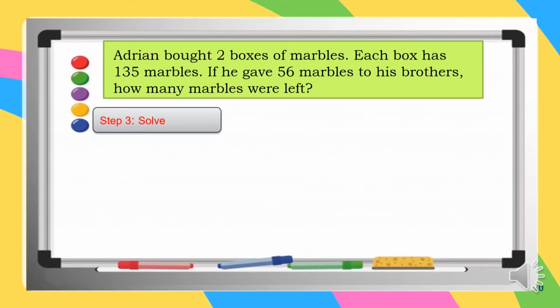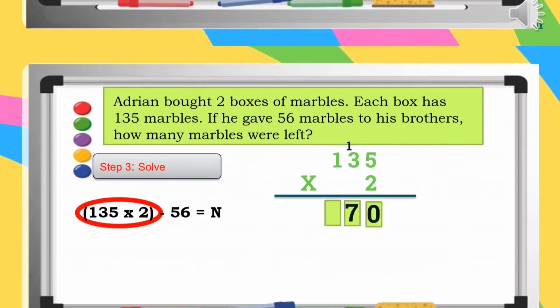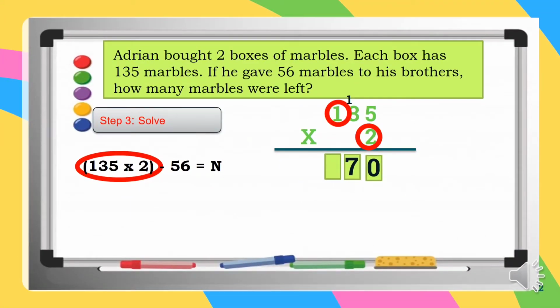Step 3 is to solve. So let's multiply 135 by 2. 2 times 5 is equal to 10. 2 times 3 is equal to 6, plus 1 is equal to 7. Next is 2 times 1 is equal to 2.